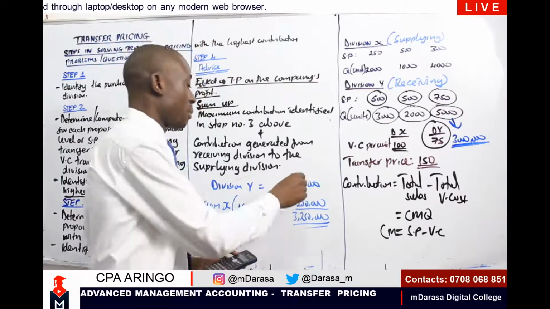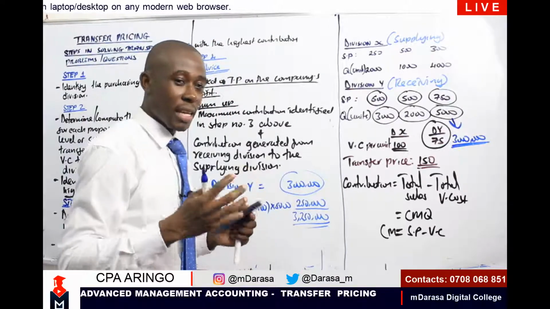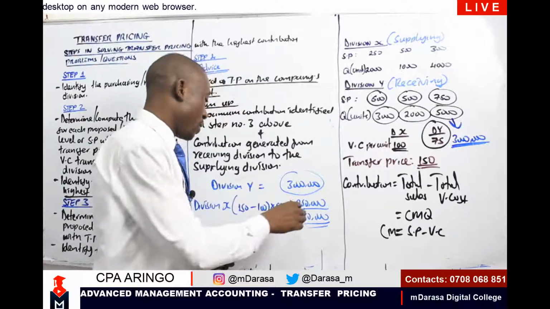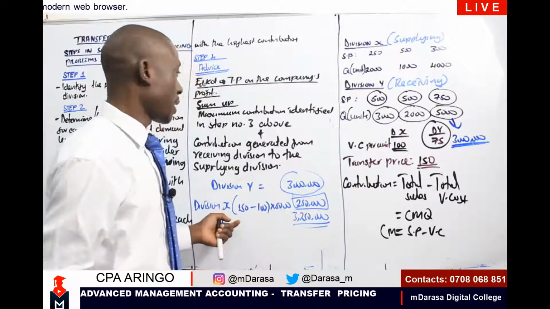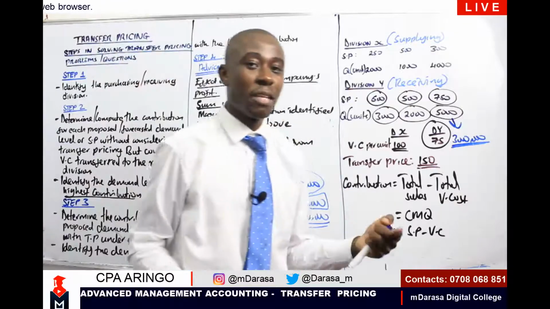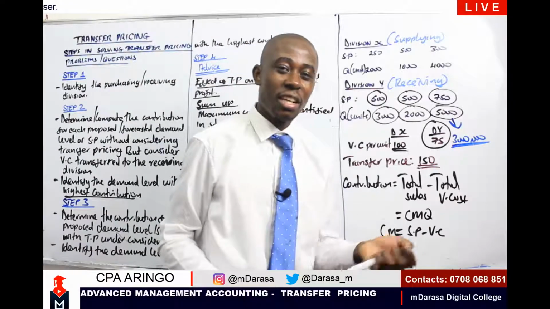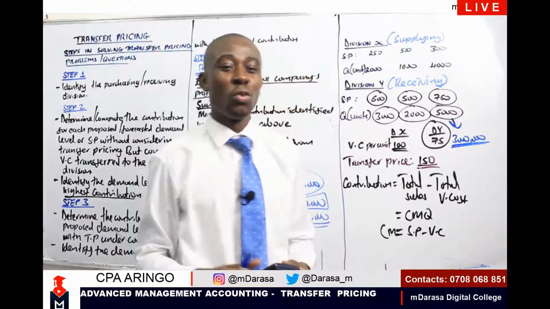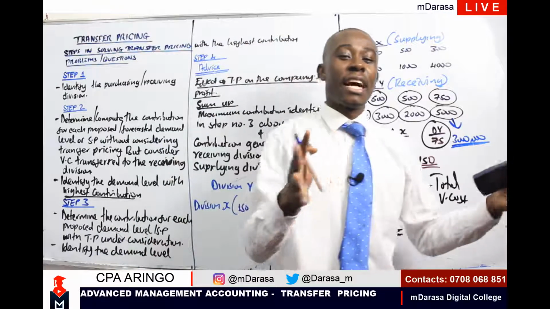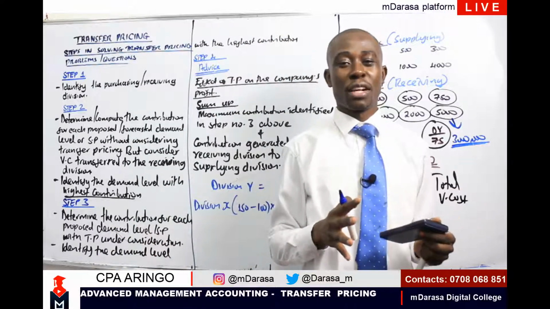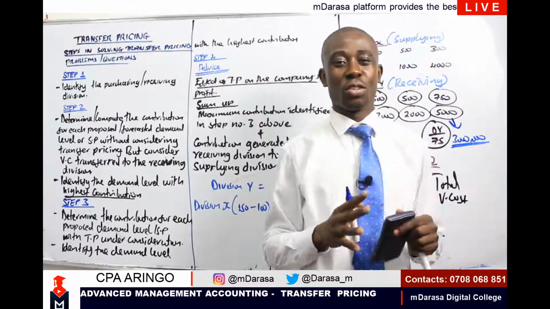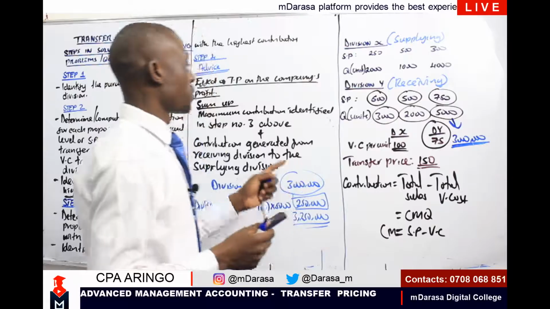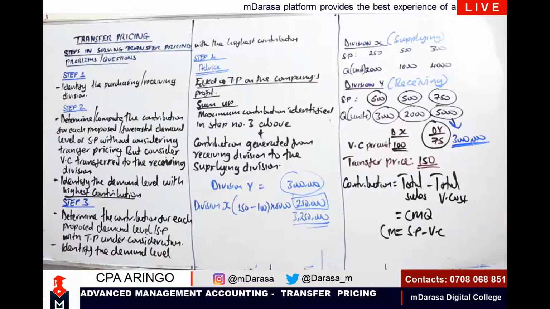Because this is what I'm generating as division Y, and this is what division X, which is the supplying division, is generating from the receiving division. So we're looking at it as the entire profit of the company as a whole from the receiving division. So that's the first case.